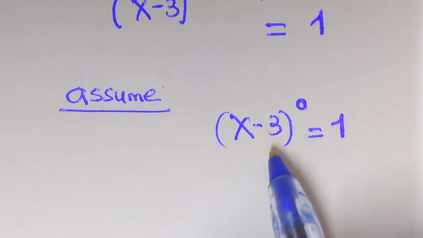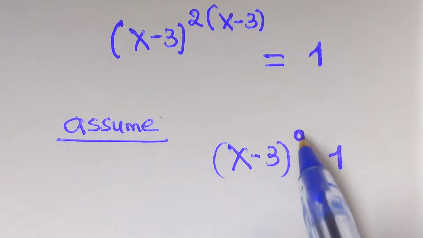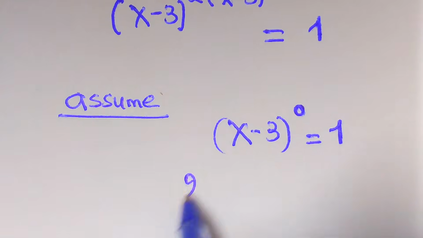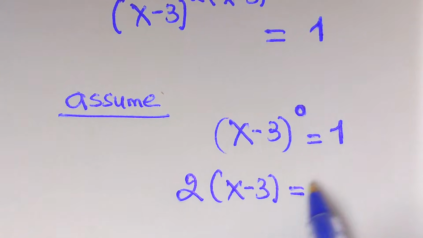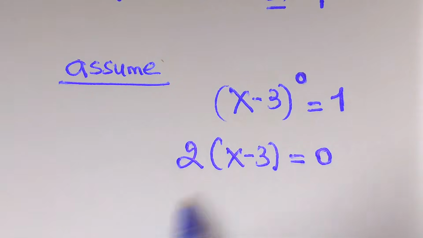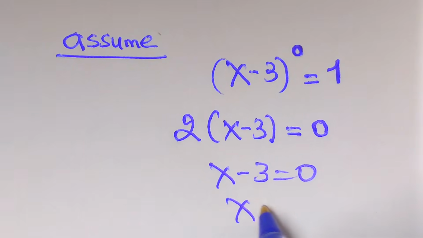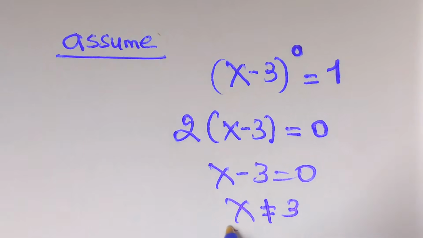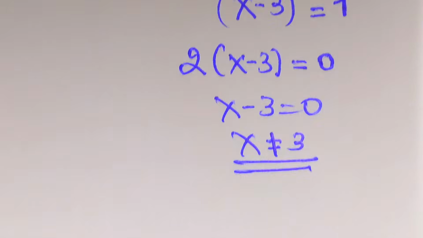So we have to include the power that we have right here, so that this power, 2 times (x minus 3), will be equal to 0, so that we get x minus 3 equals 0, and x here should not be equal to 3, as we have right here.